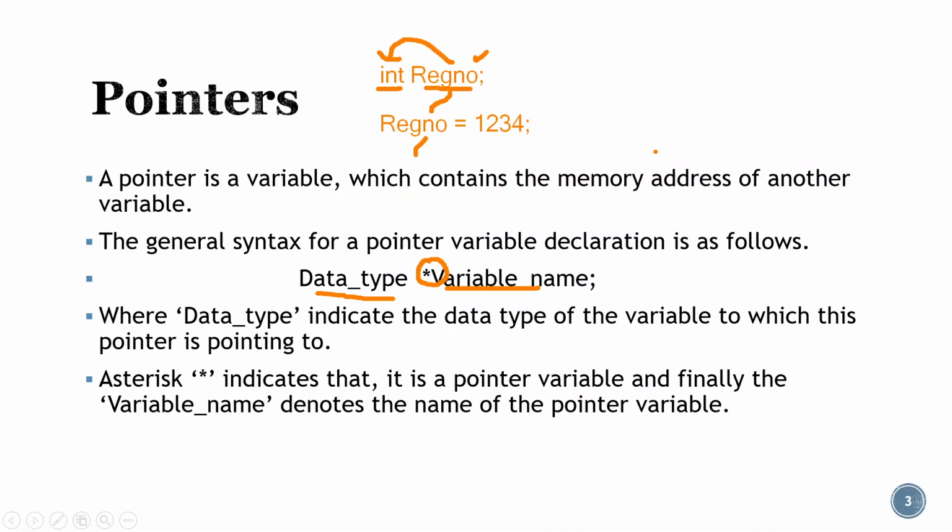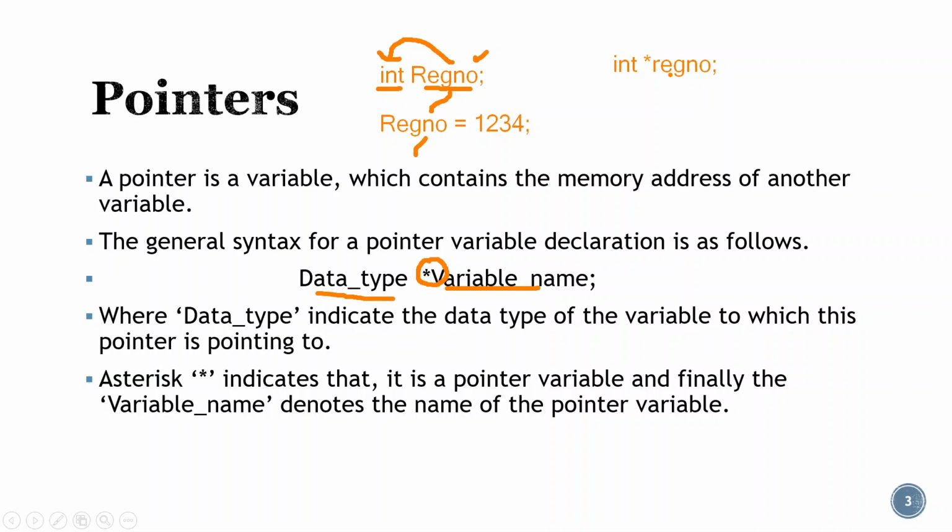So this time, suppose I create int, then I put the star, and I say reg number. Now this is not the ordinary variable anymore. This one without star will create an ordinary variable which can hold the value.